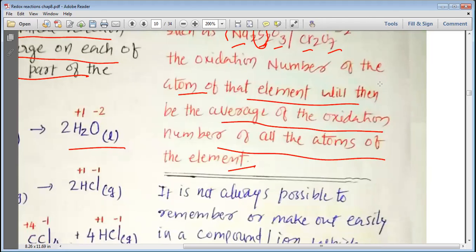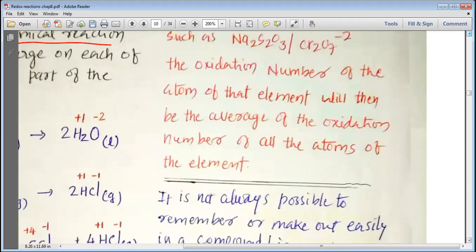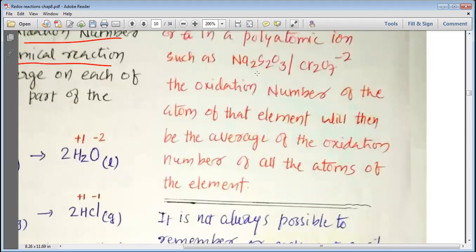So here you can see that we have two sulfur present in it. That means the oxidation number of each sulfur is the average of the oxidation number of these two atoms of sulfur. If we want to determine the oxidation number of oxygen in Cr2O7-2, then the oxidation number of any oxygen is actually the average of the oxidation number of all these 7 oxygen present in Cr2O7-2.